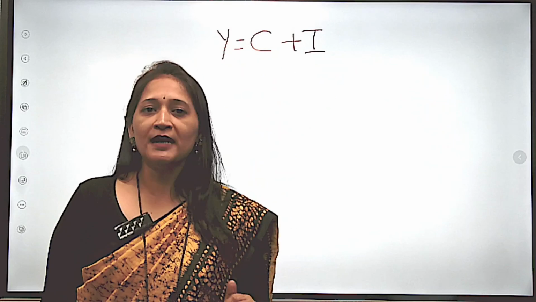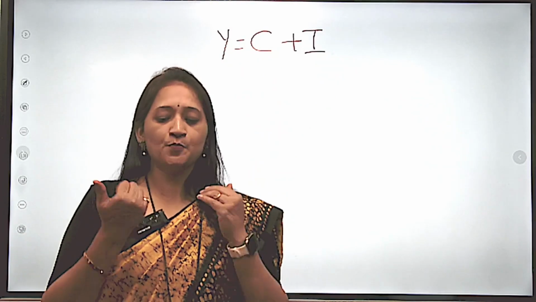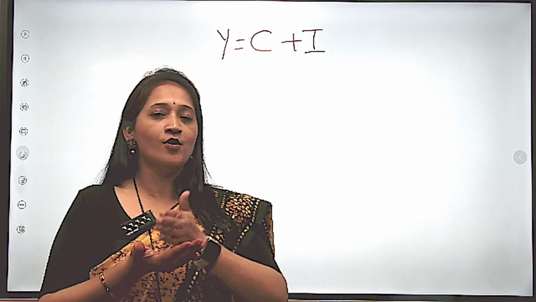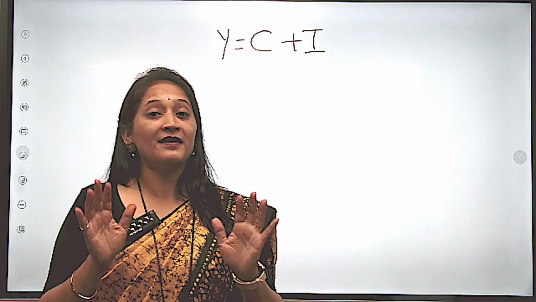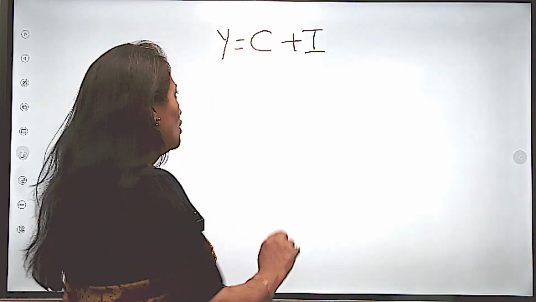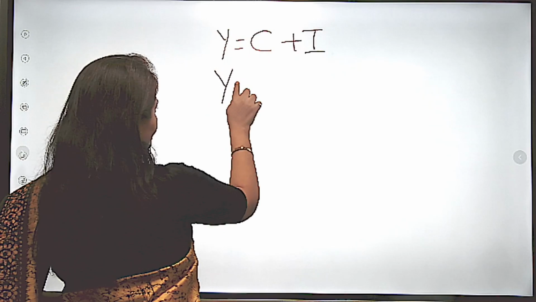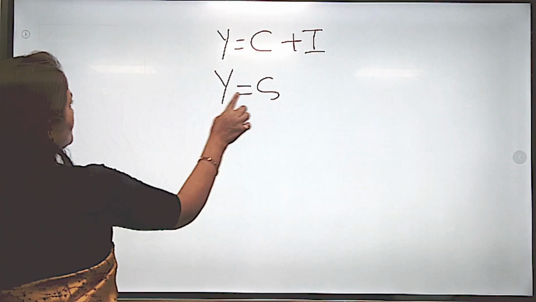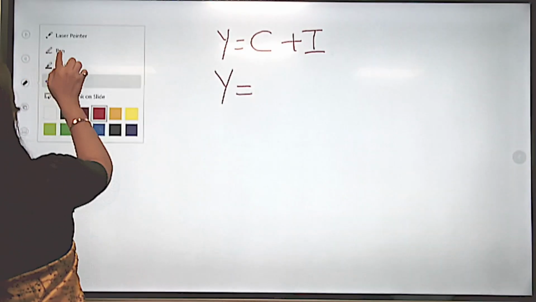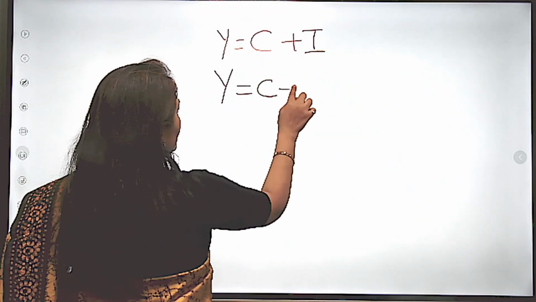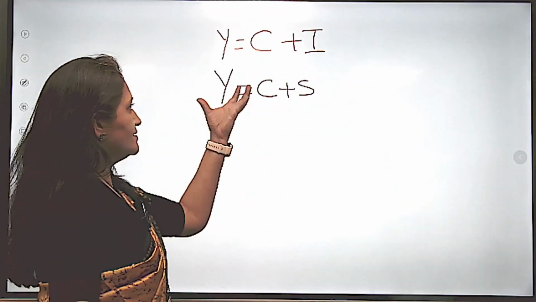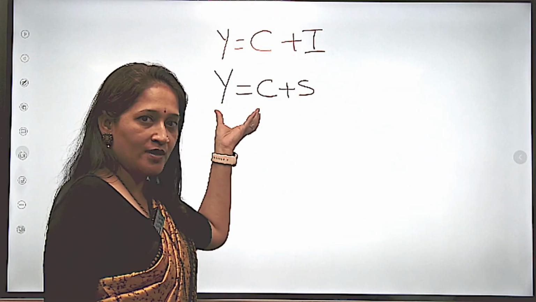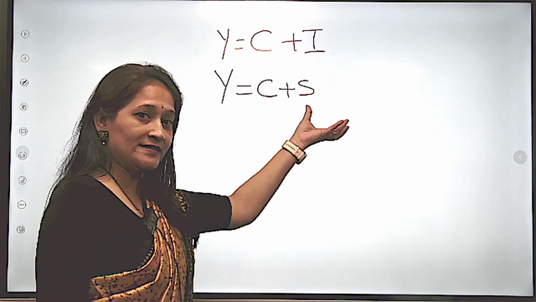You also know that whatever income we earn, we spend a part of income on consumption and the remaining part we save as a household. So we can write Y also like this: Y = C + S, that is, the total income of the country is total consumption plus total savings.